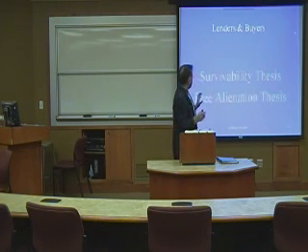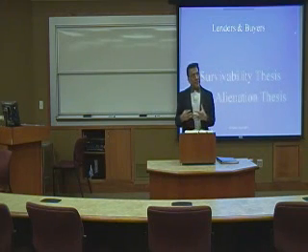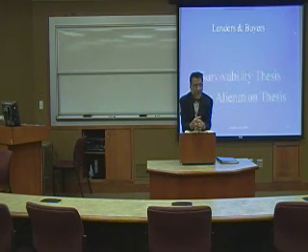Now, survivability thesis has to be balanced against free alienation thesis. Free alienation thesis, I don't know if you have discussed this. Free alienation means that the debtor should be free to alienate the collateral or sell the collateral. We don't want to put too much restriction on the sale of the collateral.